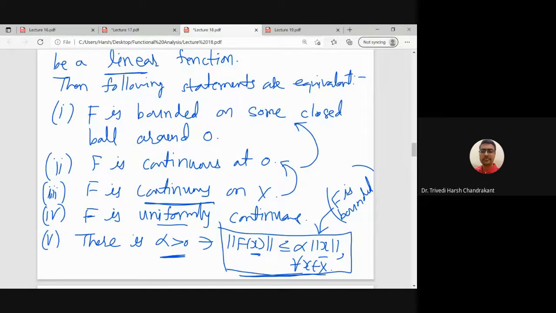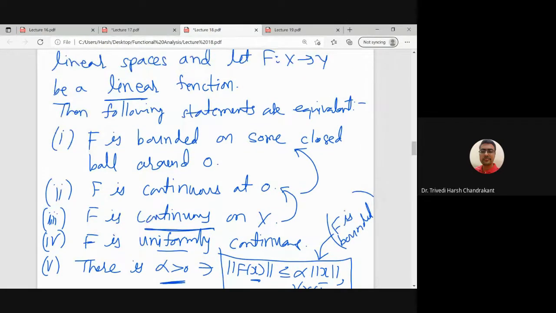Whenever we have a linear function on a normed linear space X, instead of checking continuity, we can check only the boundedness. That means this condition number 5. If there exists alpha so that norm fx is less than or equal to alpha times norm x, then f is automatically a continuous function from X to Y.